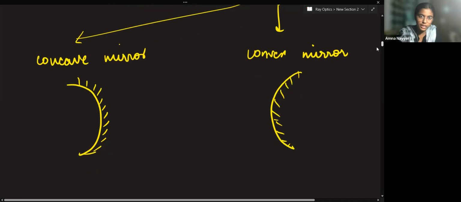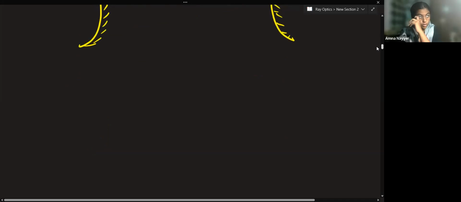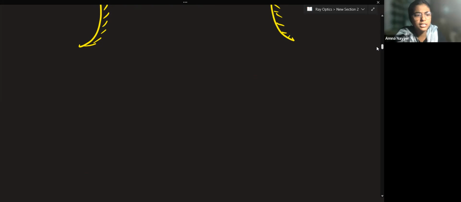Now, one more thing, since we are discussing the mirror, what is a mirror? Mirror is basically part of a sphere. Agreed? We have cut this part of the sphere. Now, depending on the silvering, the polishing, the type of reflecting surface that is available, you have the types of mirror, be it convex, be it concave. Got it? Part of a hollow sphere.